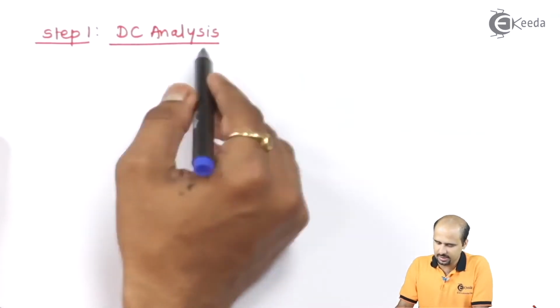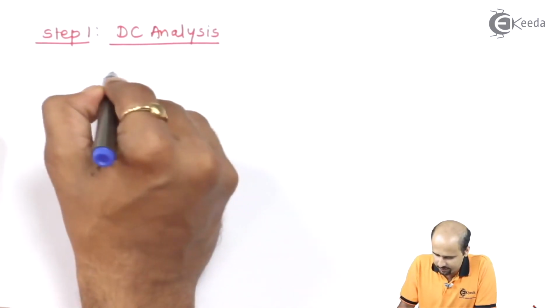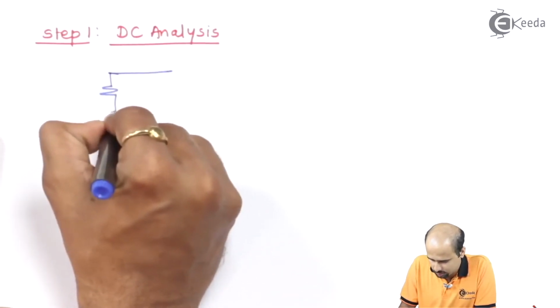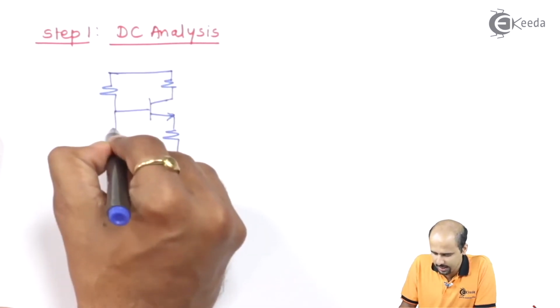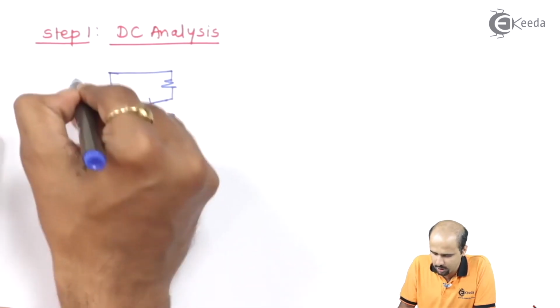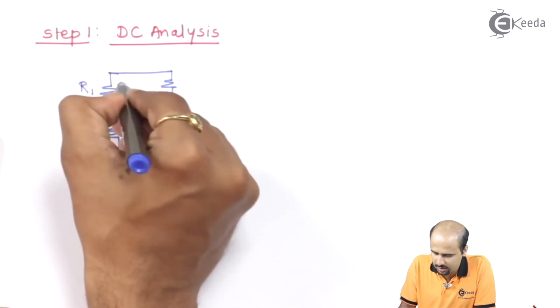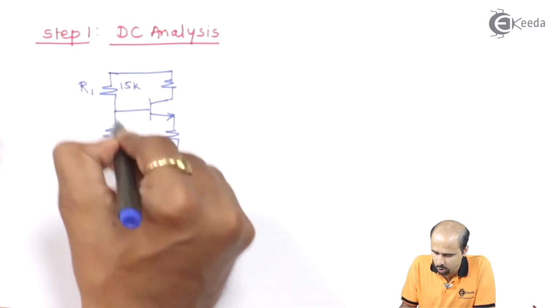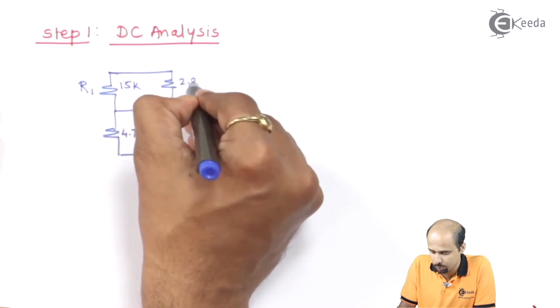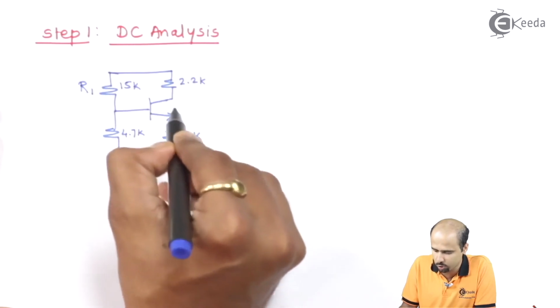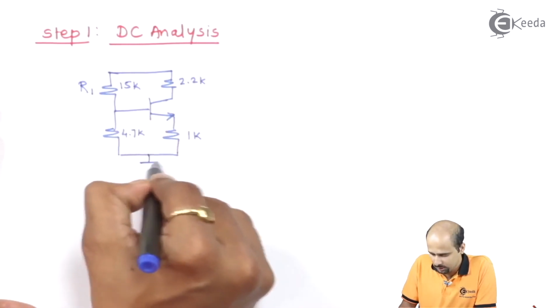Then we will say that these two stages are identical. We will directly move to the DC analysis of stage number 1 and stage number 2. So this is your R1 having a value of 15 kilo ohm, this is 4.7 kilo ohm, this is of value 2.2 kilo ohm, and this is of value 1 kilo ohm, connected to ground.